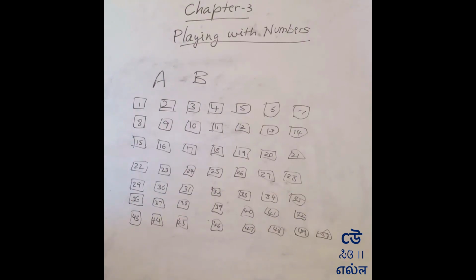That way you will also get some idea of the factors of numbers and how to find them properly. This is the game played by two persons. I explained the game procedure so that you can play with your friends using these cards.